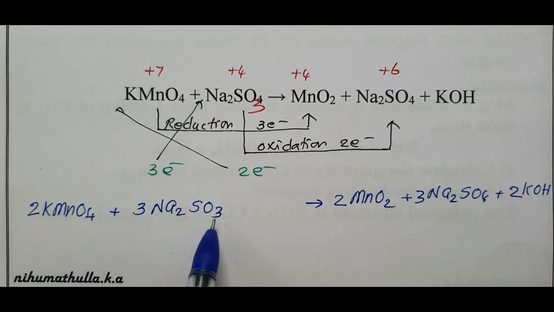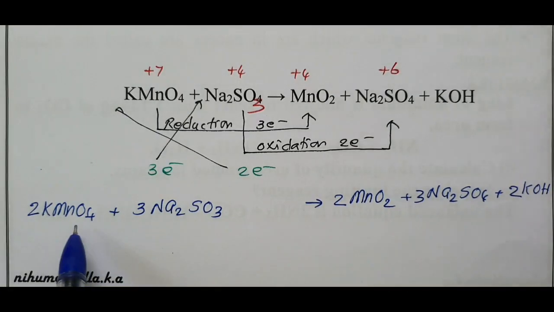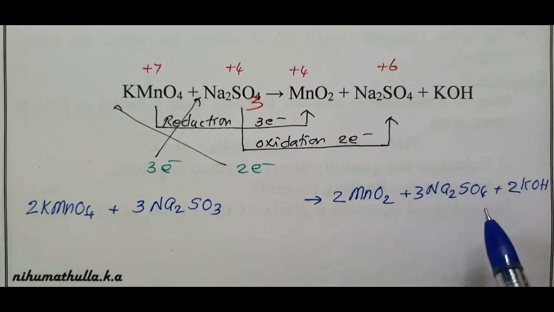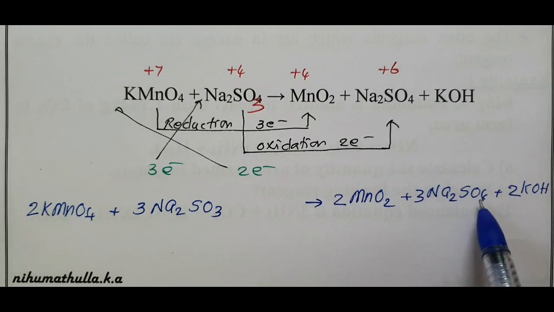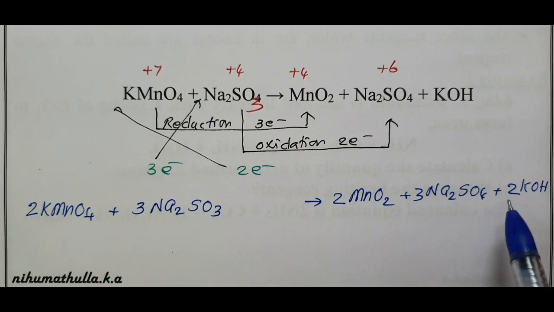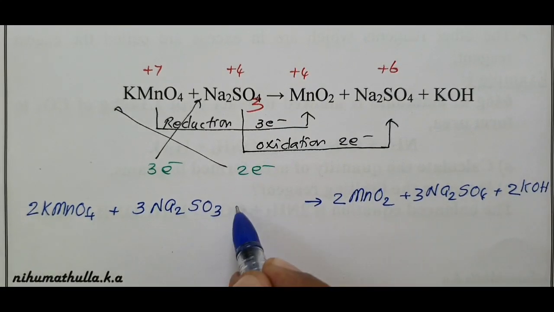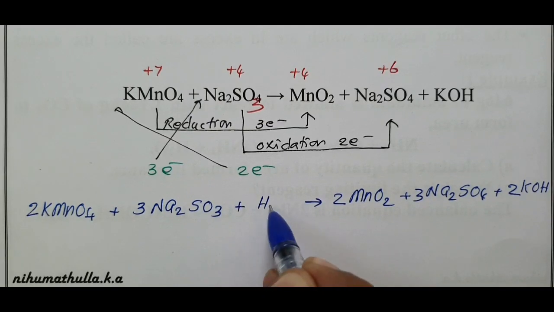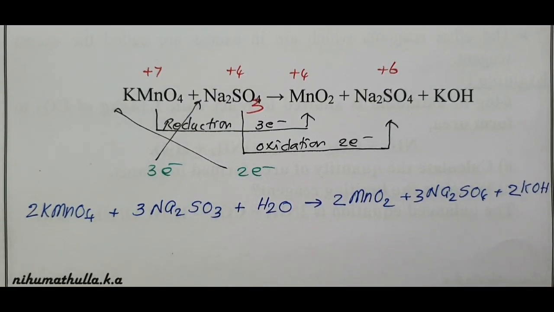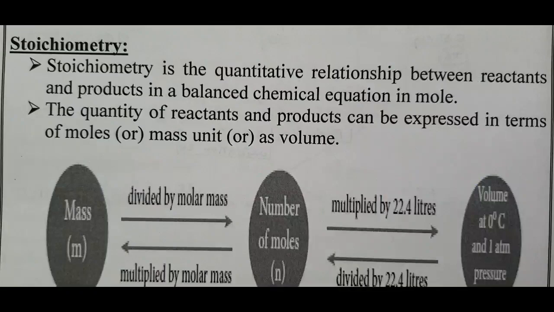Here 3 into 3 are 9 plus 8 equal to 17 oxygen on the left hand side. Here also 3 into 4 are 12 plus 4 equal to 16 plus 2 equal to 18. Here 17, there 18, therefore one oxygen is balanced by adding 1 water molecule. By adding 1 water molecule, hydrogen is also balanced. This is the balanced equation.